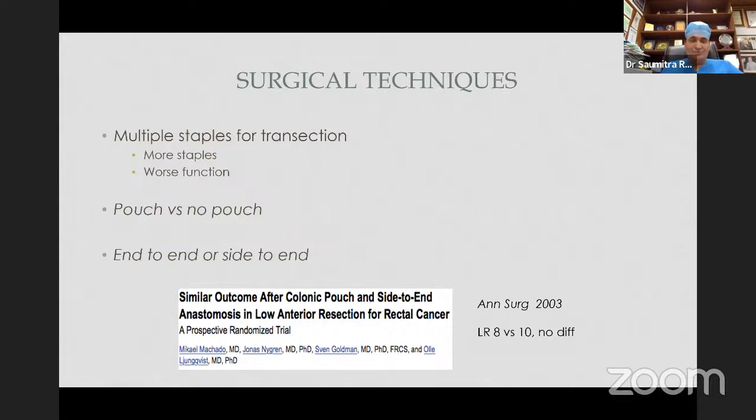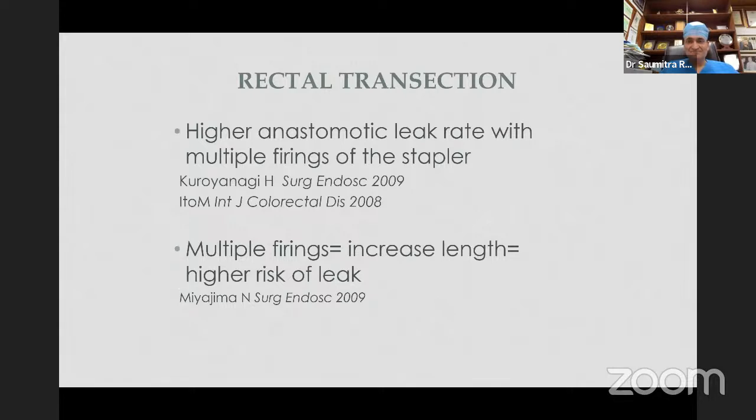I avoid going more than 2 staplers. Pouch or no pouch, or whether you are doing an end-to-end or side-to-end anastomosis, it doesn't make any difference. Both of them have similar outcomes.